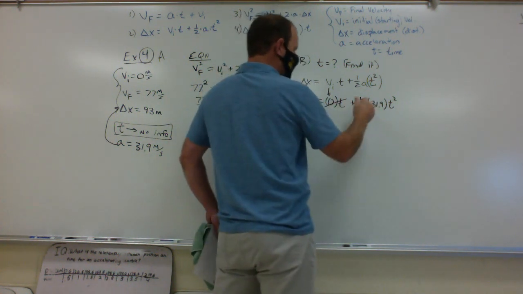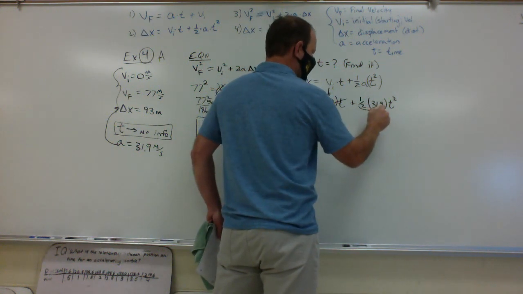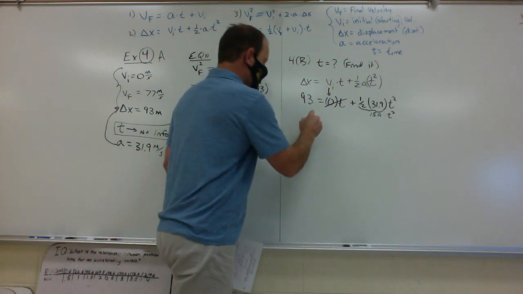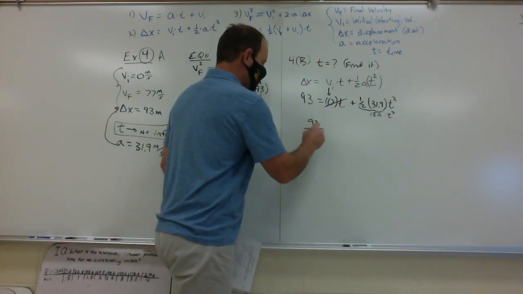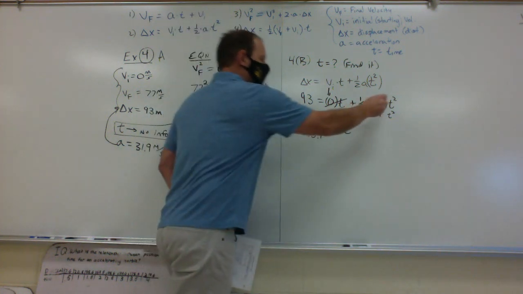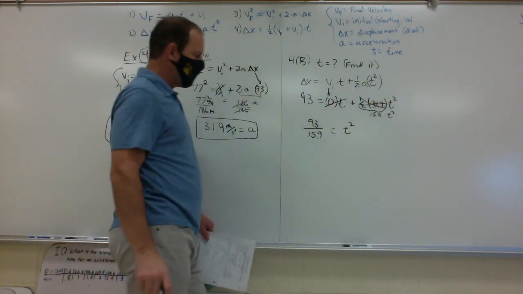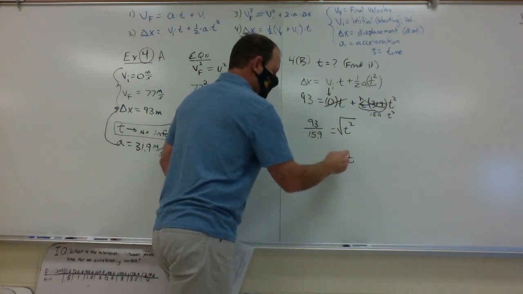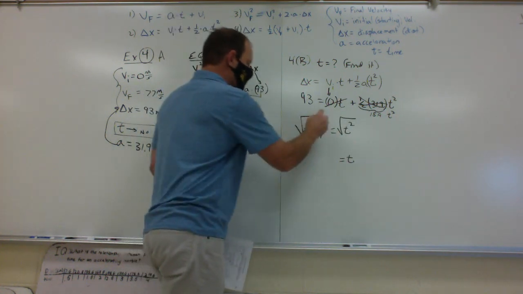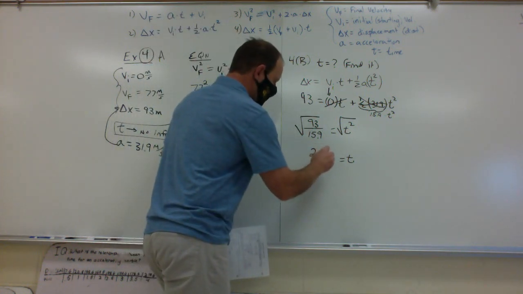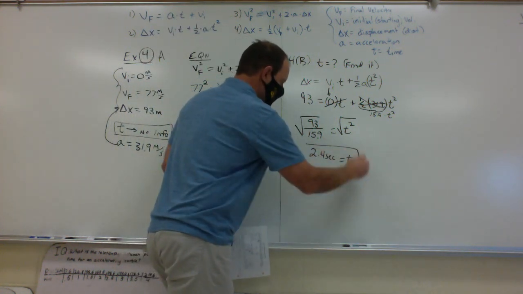So it's really 15.9 t squared. So to do the algebra, I got 93 divided by 15.9, and that's going to be equal to t squared. So I've kind of simplified stuff a little bit. Now we've got to solve it for t, so we're going to do the square root. And when we do the square root of both sides, there should be an answer of about 2.4 times, so that would be seconds.